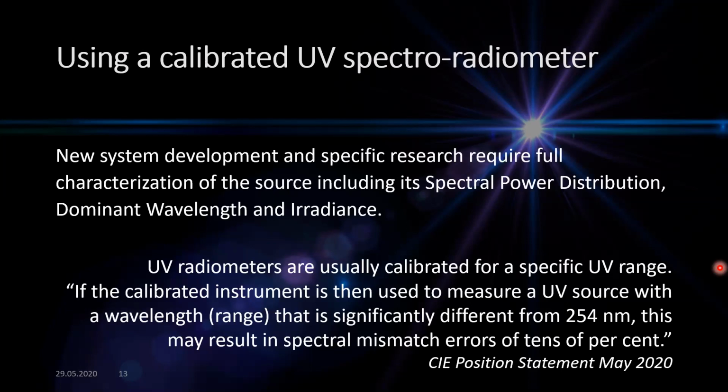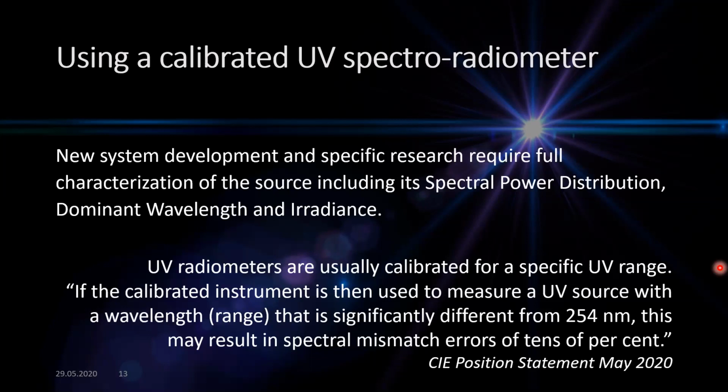Because if you are using a simple radiometer calibrated for a specific UV range, but your actual source will be slightly different, then errors may appear, and it's hard to say whether it's a correct measurement or not. Therefore, it is possible to consider using a calibrated UV spectroradiometer for more advanced evaluation.